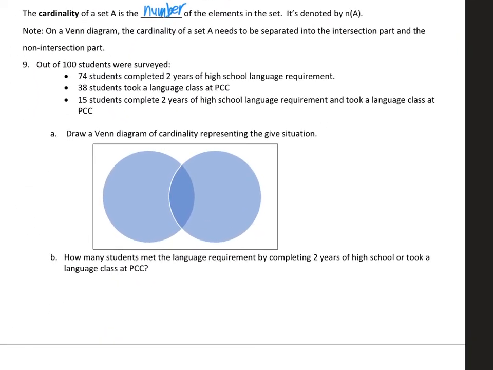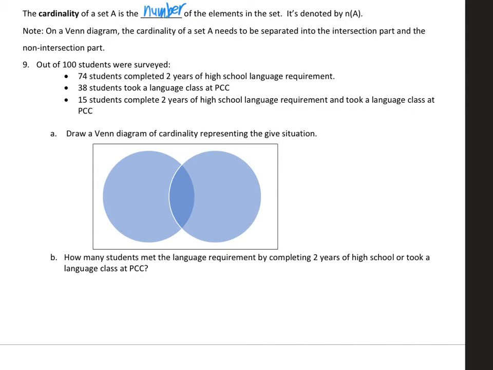So on a Venn diagram, the cardinality of a set is separated into the intersection part and the non-intersection part. Let's see what that means. So let's look at this: 100 students are surveyed, so the universal set has 100 people in it. 74 students completed 2 years of high school language requirement. 38 students took a second language class at PCC.